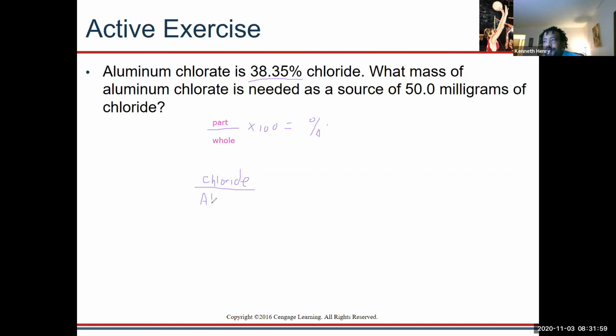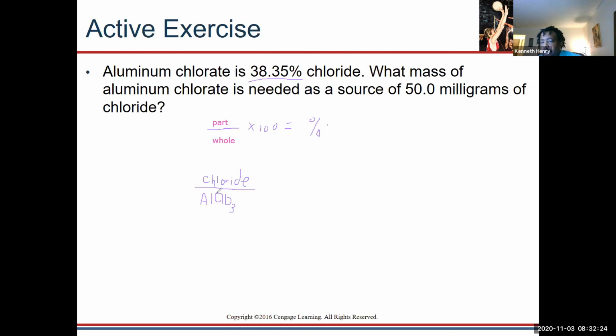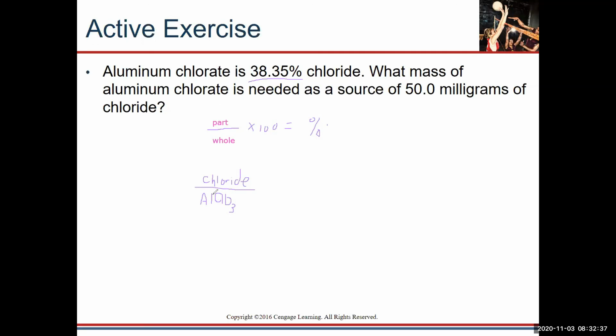What is the chemical formula for aluminum chlorate? Al(ClO3)3. And how many of them would I need to balance out the aluminum? Because remember, it's an ionic compound, so it's going to have a total charge of 0. So I'll need 3 of them.